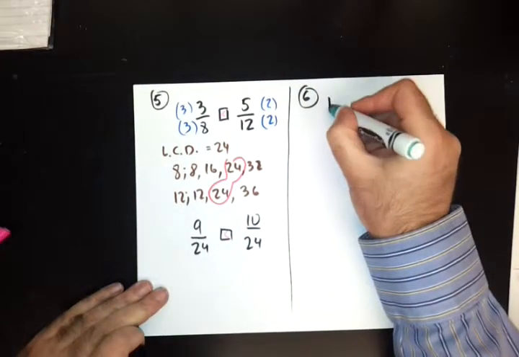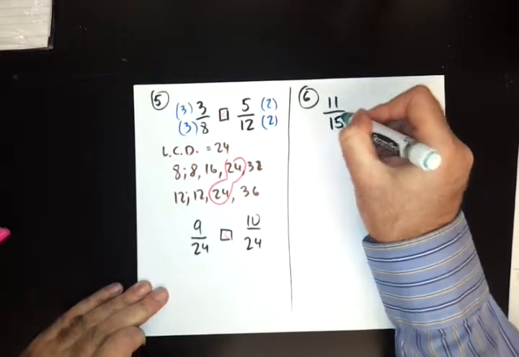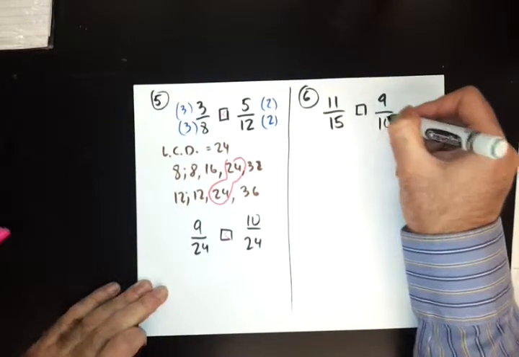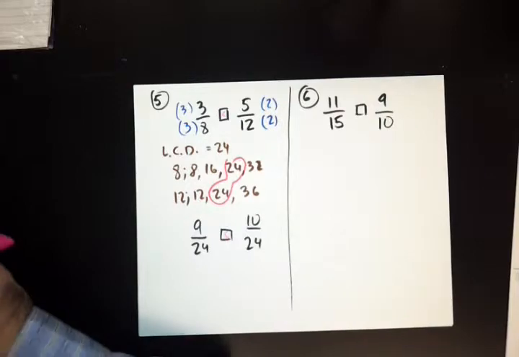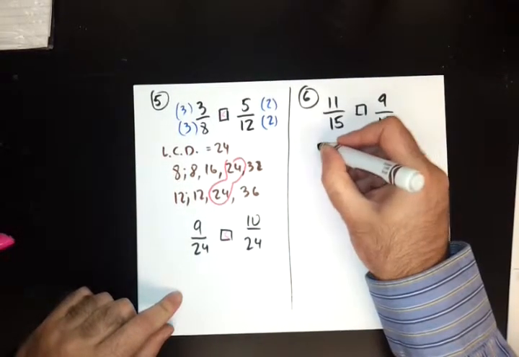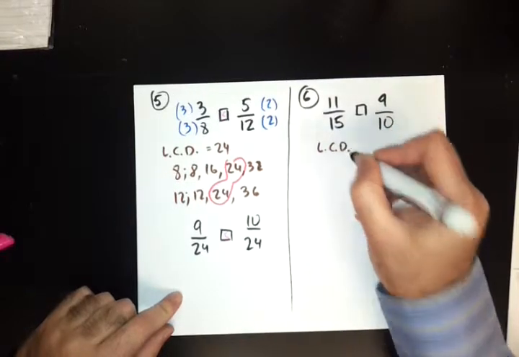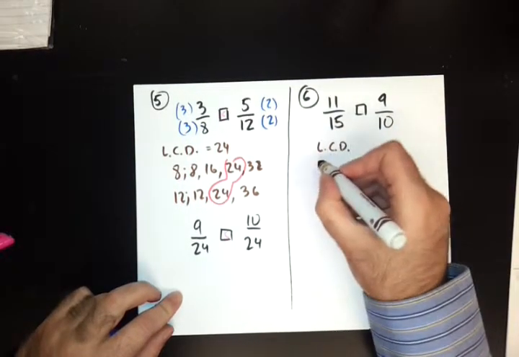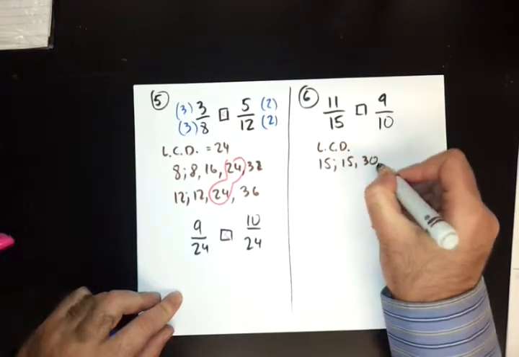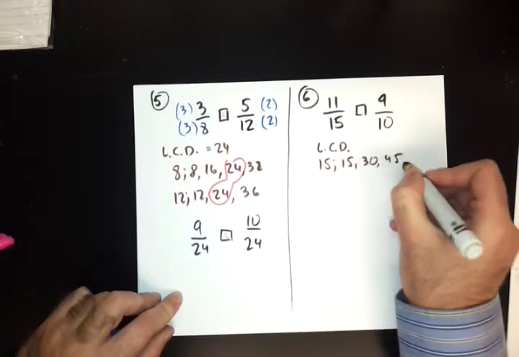With number 6, I'm comparing 11 over 15. Method 2 here, because I know it's going to be a big denominator otherwise. So the LCD method, method 2. The multiples of 15 are 15 itself, 30, 45, and so on.